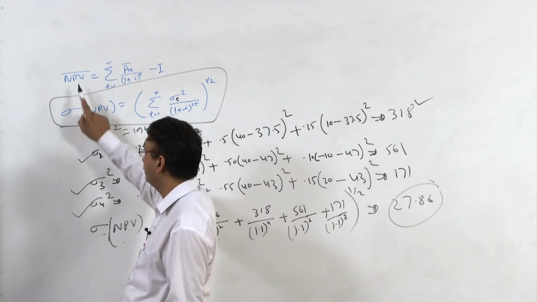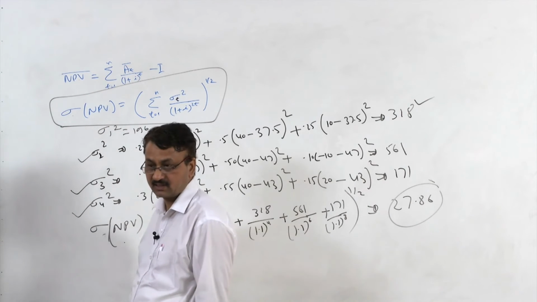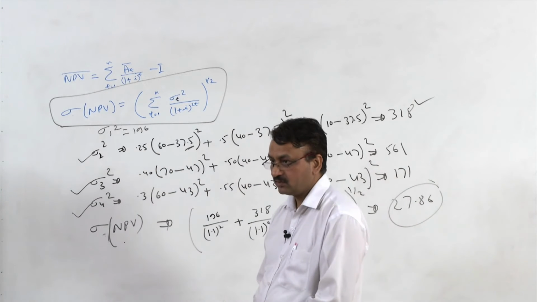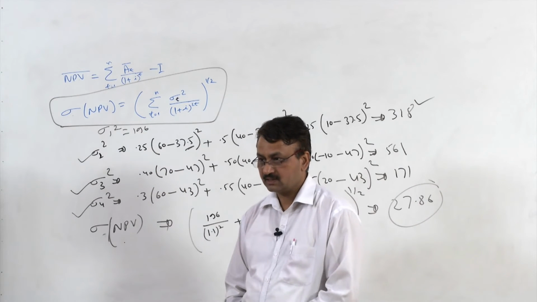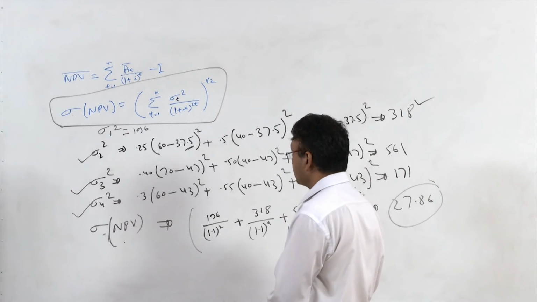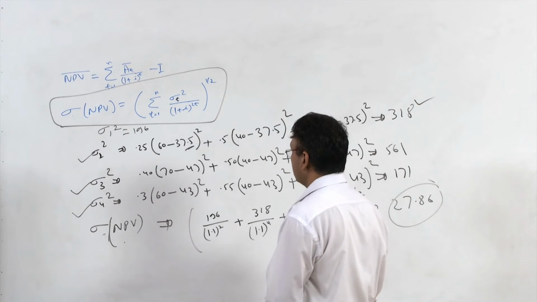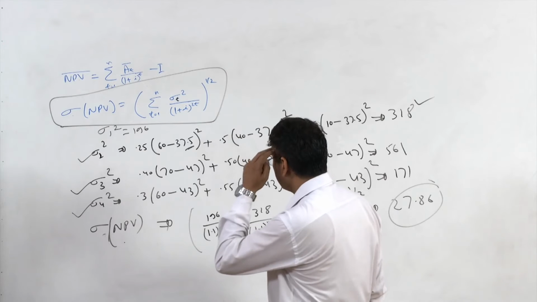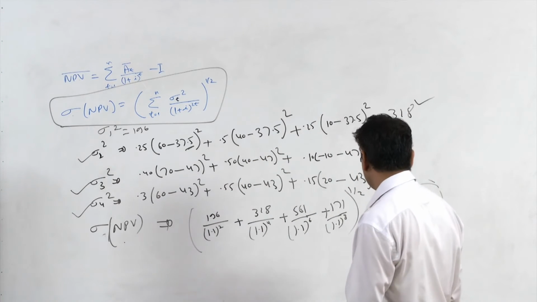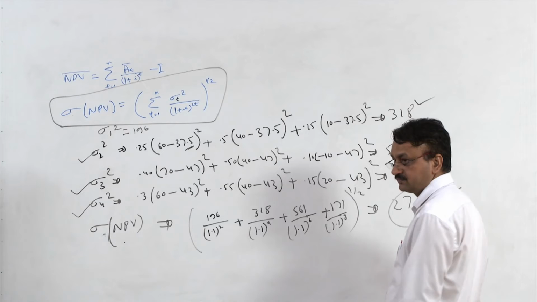So this is how you can calculate expected NPV and standard deviation. Now the second part of this question is, what is the probability of NPV is 30 lakh. So we know mean and standard deviation, both are available.